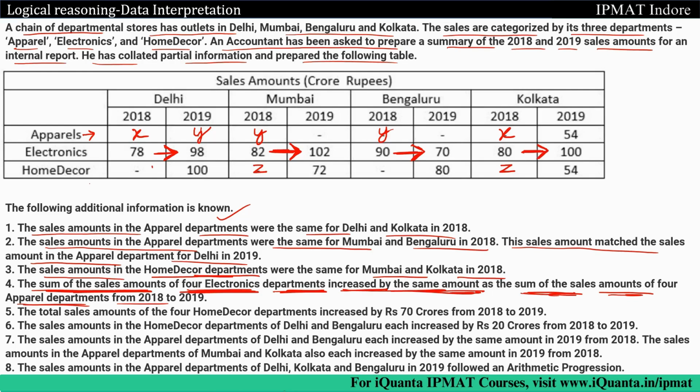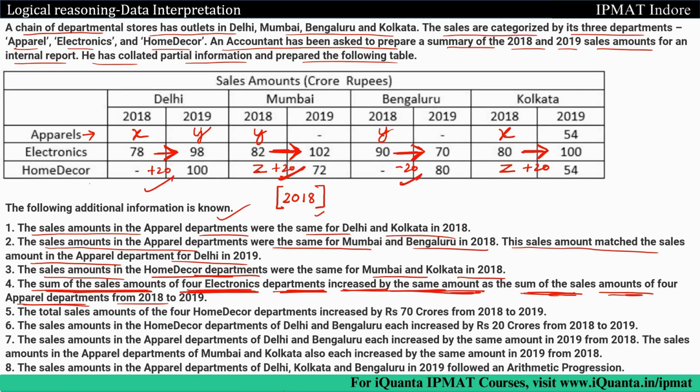So here we have plus 20, plus 20, then minus 20, and again plus 20. Let me assume I'm representing the total sales amount in the electronic departments of 2018 by this bracket. So what was the total increase from 2018 to 19? We can see we have plus 20, then again plus 20 here, and then minus 20 here.